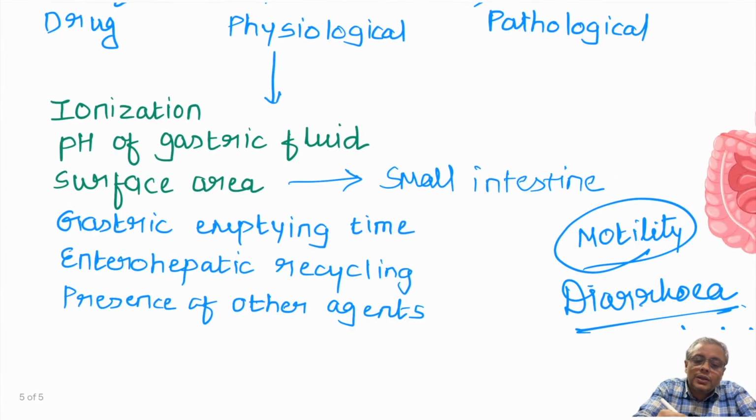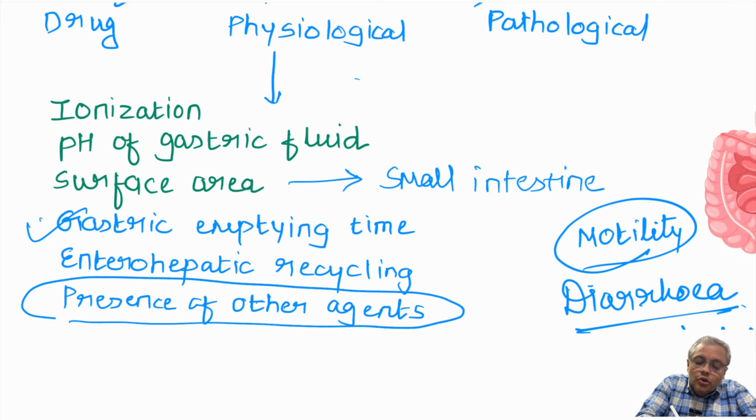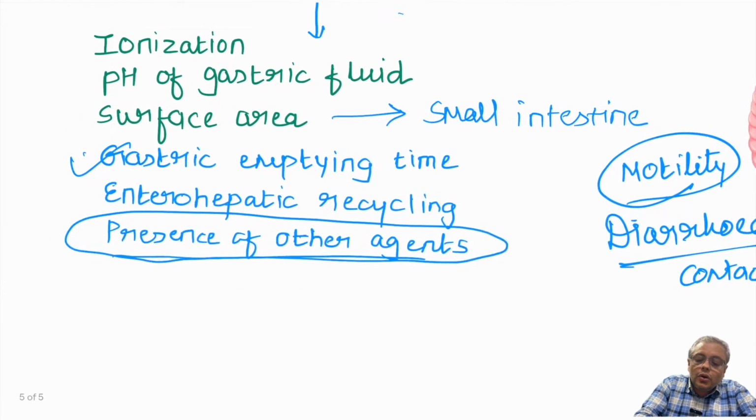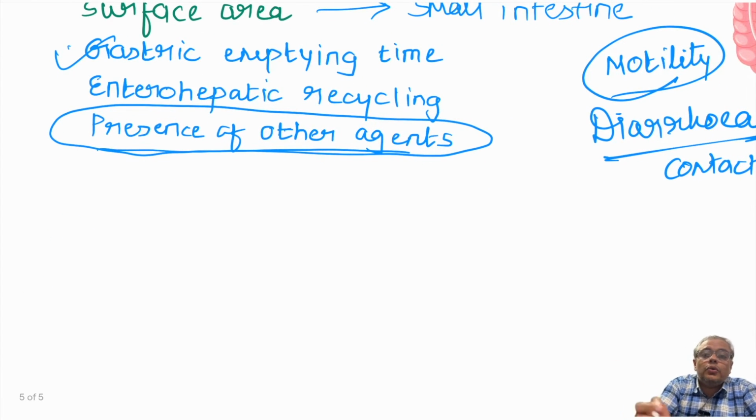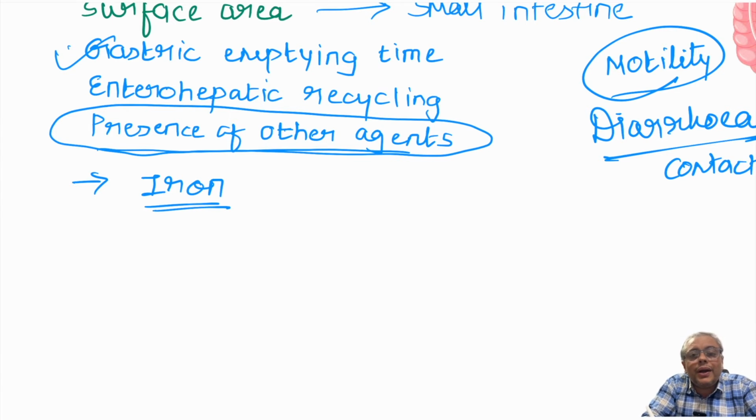Now next, along with this we are going to discuss the presence of other agents. As I told you, if the drug is taken with food, I am giving you a classical example: iron, we give ferrous sulfate and so on for iron deficiency anemia.